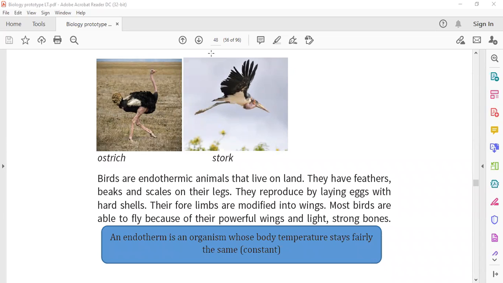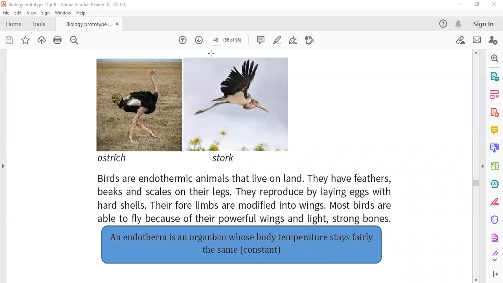Although some birds may not fly, like an ostrich, the nature of the bones they have cannot enable them to fly. But again, they are fast movers. They can move very, very fast, because their hind limbs are very strong.